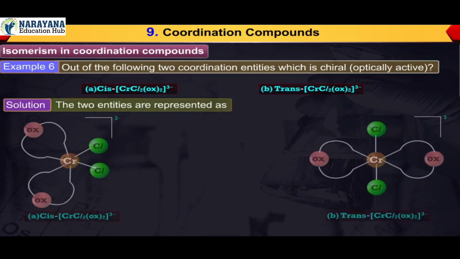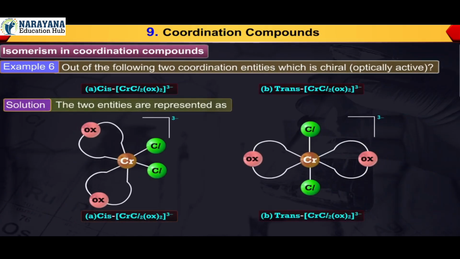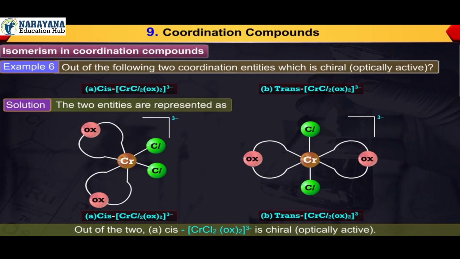Solution. The two entities are represented as A, cis-[CrCl2(ox)2]3−, and B, trans-[CrCl2(ox)2]3−. Out of the two, A, cis-[CrCl2(ox)2]3−, is chiral, optically active.